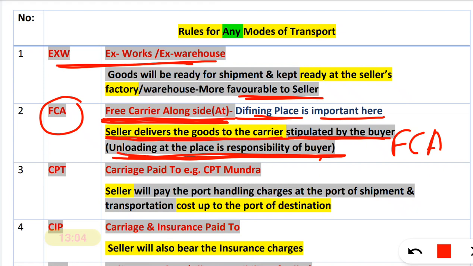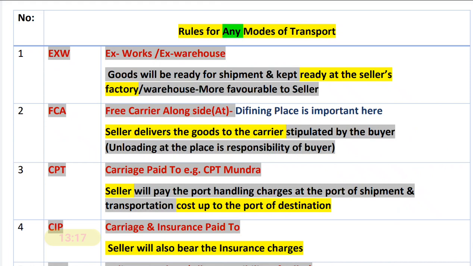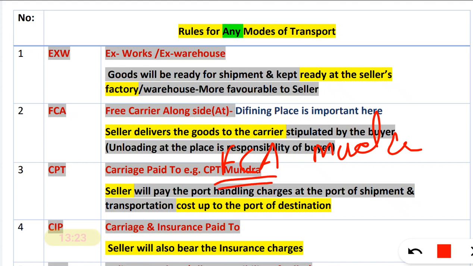So here, free carrier at means whatever the transportation, that is carrier charges, will be borne by the seller. Suppose I say FCA at Mundra port, whatever the carrier charges will be borne by the seller.